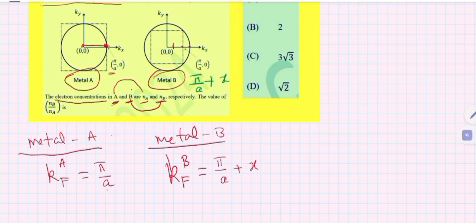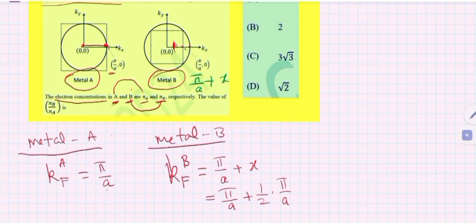So that means, I can just write it as x is 1 by 2 of pi by A, or pi by A by 2, half of pi by A. So this is just the approximate distance we will consider in order to solve this problem.